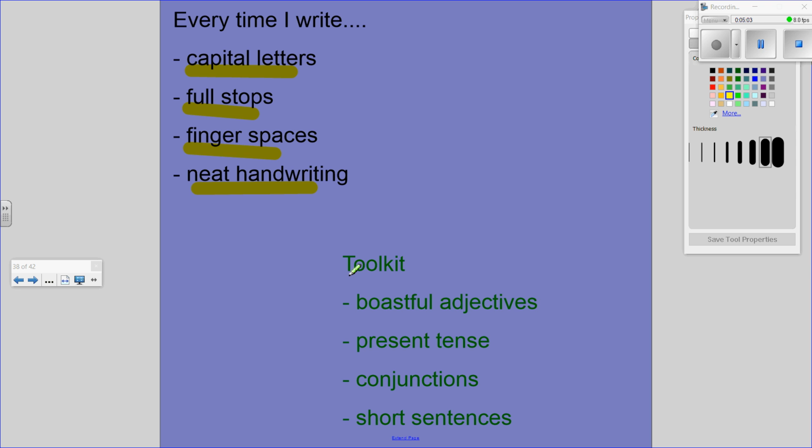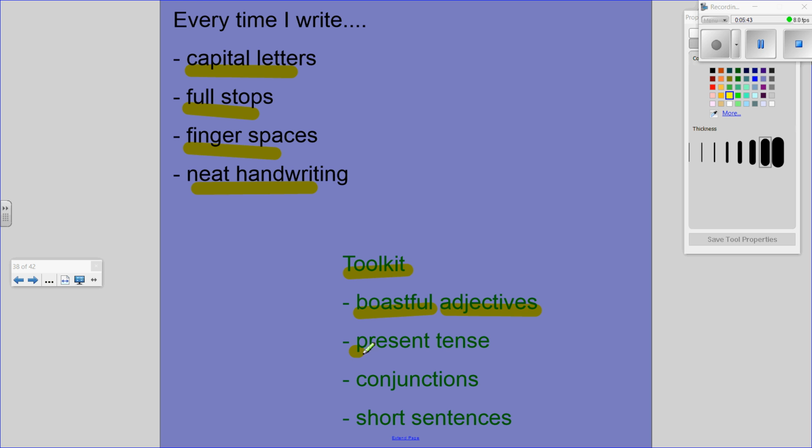Now, we're looking at a toolkit. What do we need to include when we do persuasive writing? What have we looked at over the last week or so? What have we been learning about in our writing? What do we need to include? So our boastful adjectives, so magnificent, thrilling, marvelous, all of those boastful adjectives to convince the reader. Present tense.